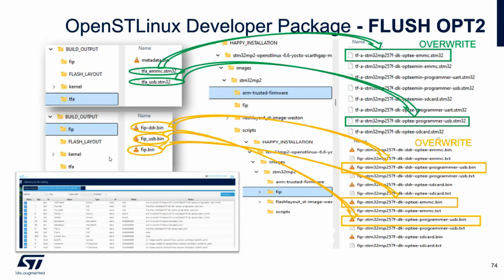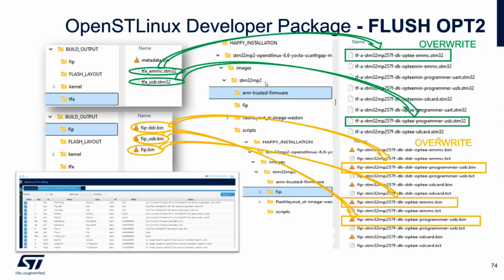Another way to customize the system can be to use these files, the result of the distribution developer package build, to overwrite the files inside your standard installation. As Emmanuel explained before me, you have a set of folders inside the standard starter package.